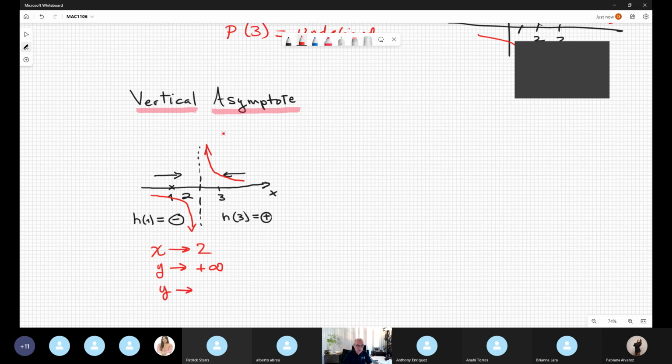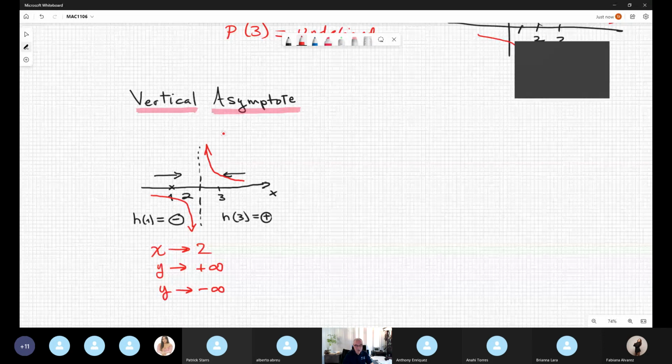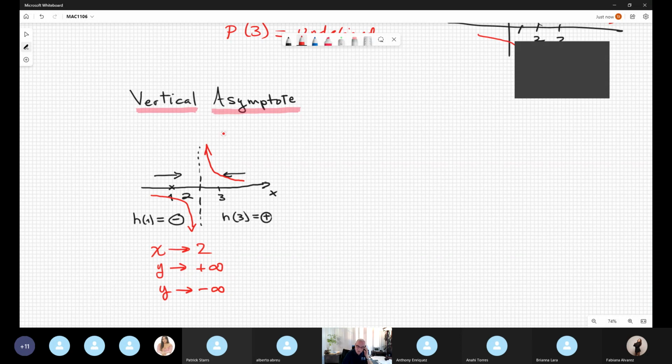The notation that some books use, but personally I don't like to explain in pre-calculus now, is x approaches 2 from the left, which is equivalent to saying x approaches 2 minus. But this minus is not minus 2.